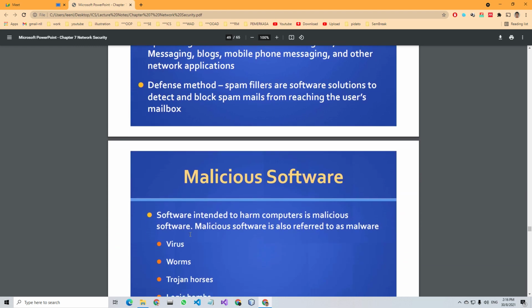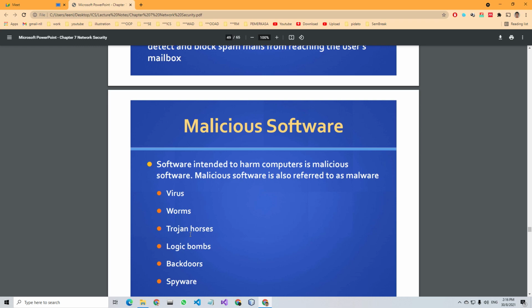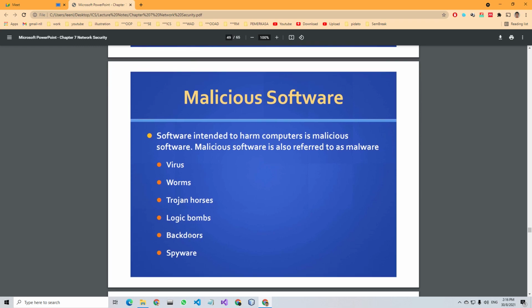Malicious software, intended to harm computers. Here, 1, 2, 3, 4, 5, 6. Which one is new? Nothing is new here.